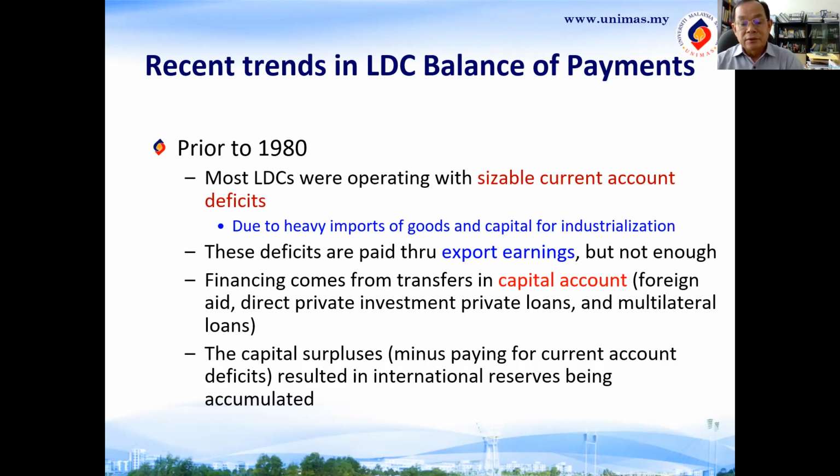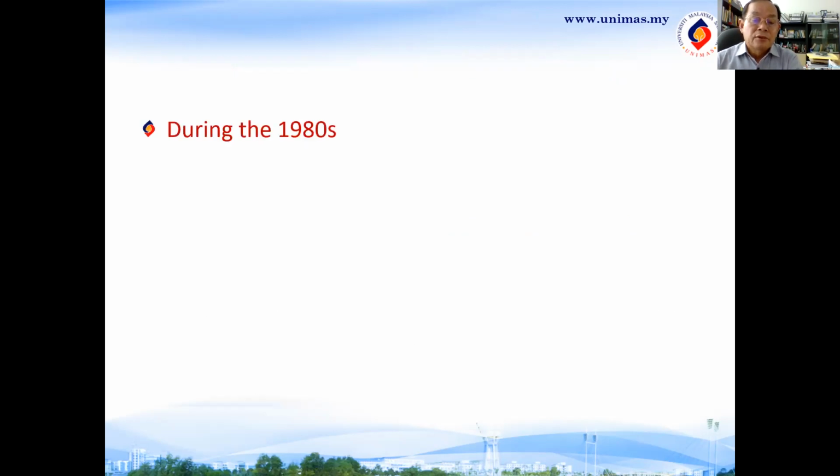Okay, but however, if you have surplus in your capital account, after paying for the current account deficits, for example, then that will result in the international reserve for the country being accumulated, so increase in the international reserve tadi. Nah, itu sebelum tahun 1980-an, ya.